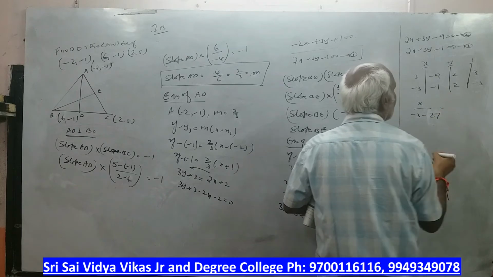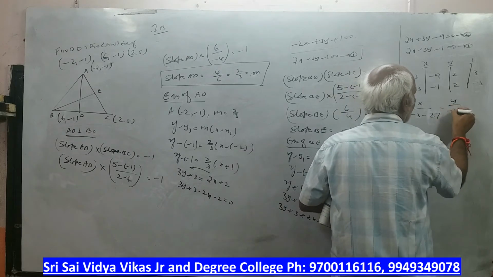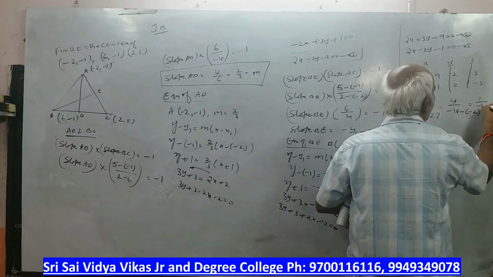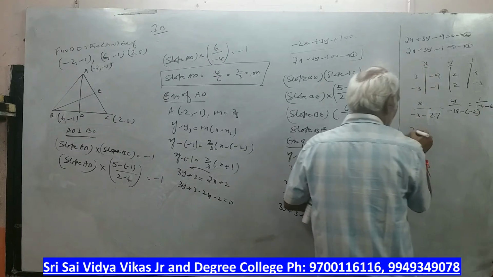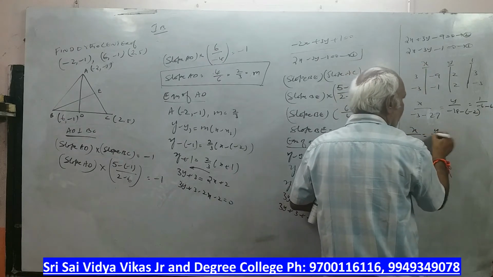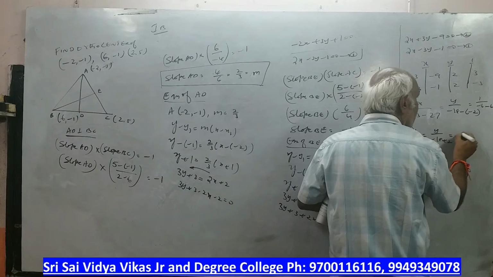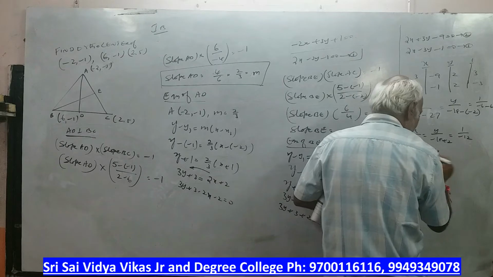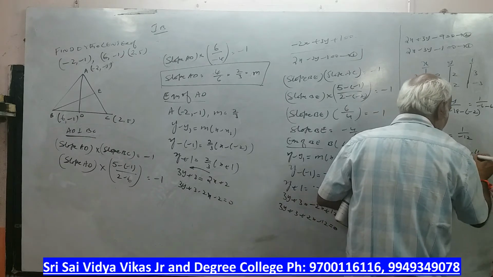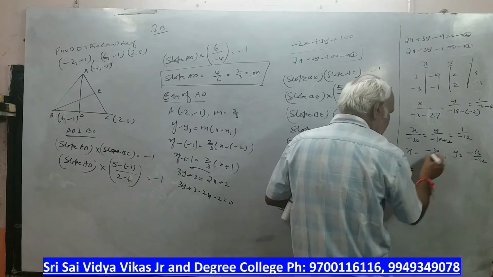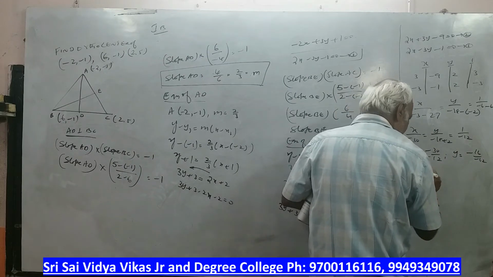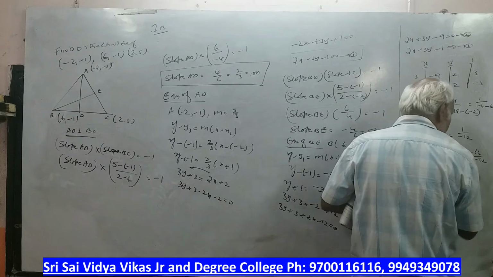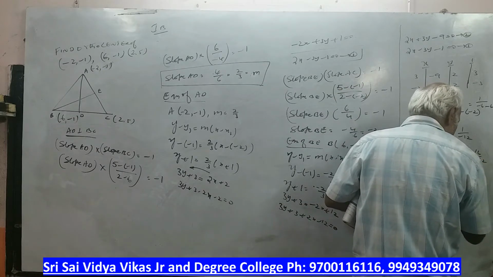So x by minus 30, y by minus 18 plus 2, 1 by minus 12. x is equal to minus 30 by minus 12, y is equal to minus 16 by minus 12. So x is equal to 5 by 2, y is equal to 4 by 3.